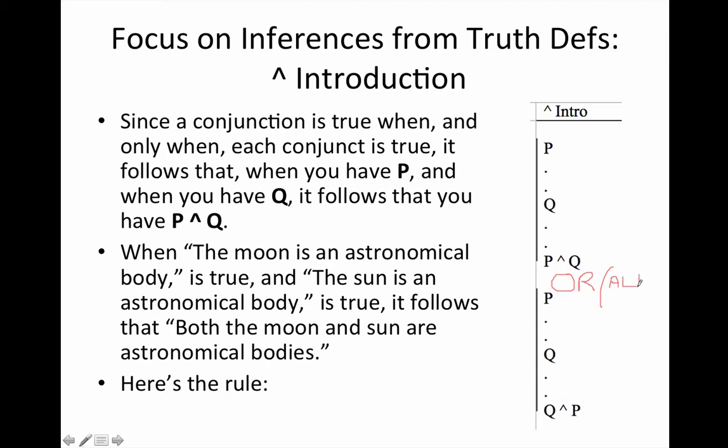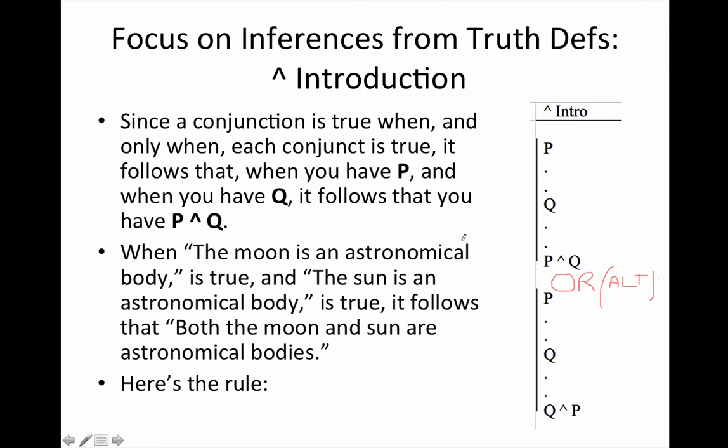From P and somewhere else in your proof Q, you can say P and Q. Alternatively, if you have P and somewhere else in your proof Q, you can say Q and P. Similarly, if you have Q and somewhere else in your proof P, you can have P and Q, and you get the idea, right? That's why I mentioned that I've given you an alternative, but there are more alternatives.